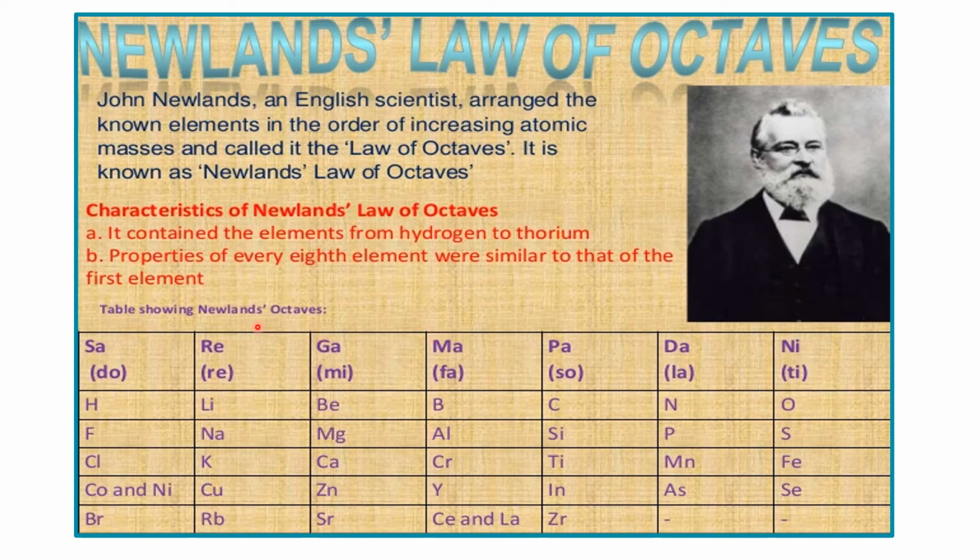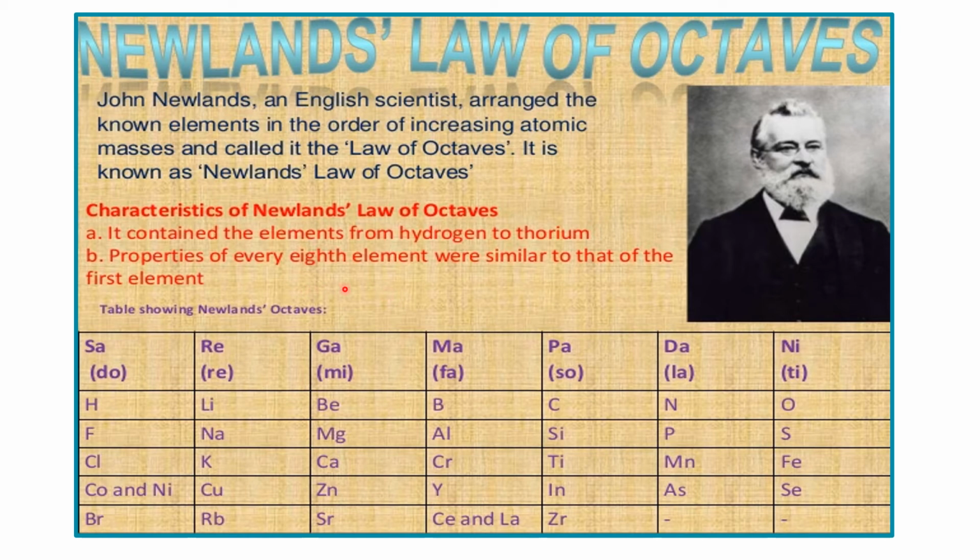So here are the characteristics of Newlands' law of octaves. What are they? It contains the elements from hydrogen to thorium, and the properties of every 8th element were similar to that of the first element, that is following the law of octaves. What he took into account is the property of every element.